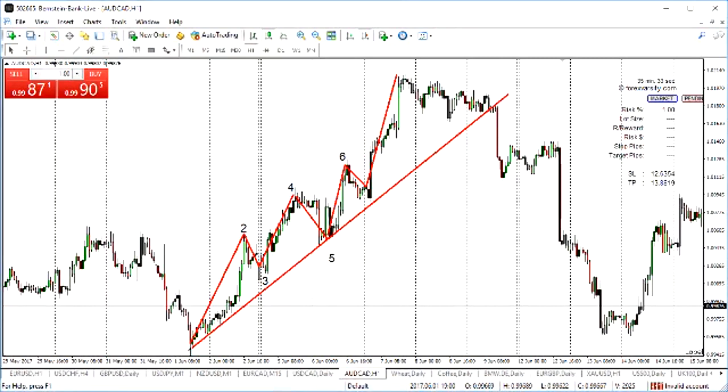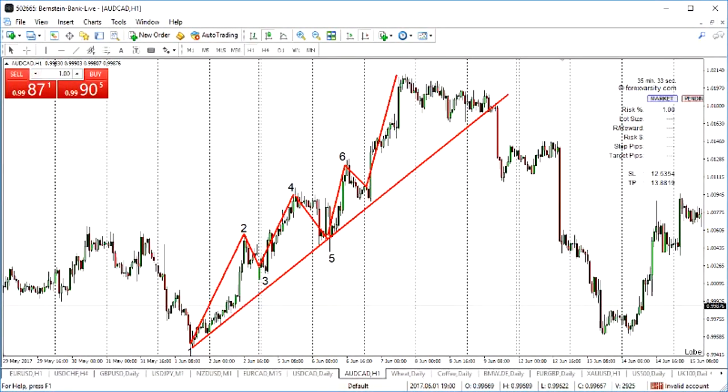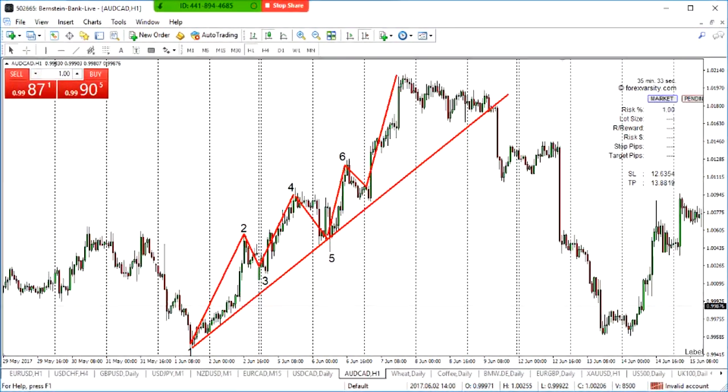We're in an uptrend, expecting price to go up and not down. But point 2 to point 3 is against your trend. Mostly that's what we call a retest or a retracement.